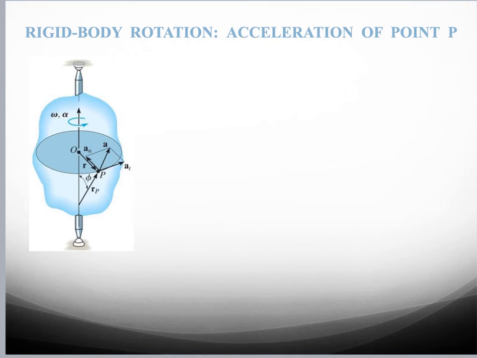And I'm just going to look at that again. So our acceleration we found was alpha cross r plus omega cross omega cross r. Now, if you look at this, you can see this is going to have the magnitude of alpha r.